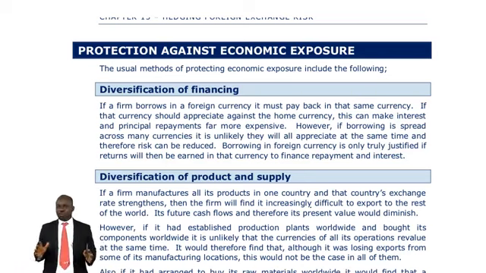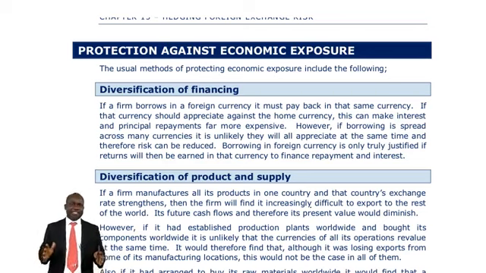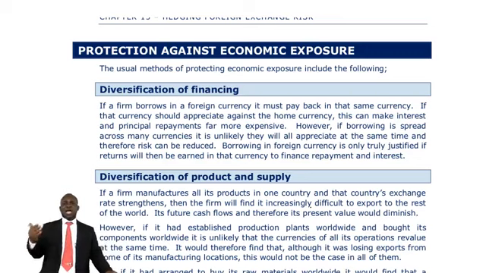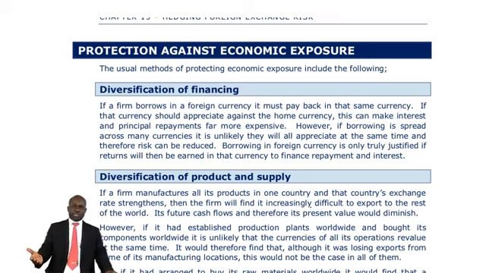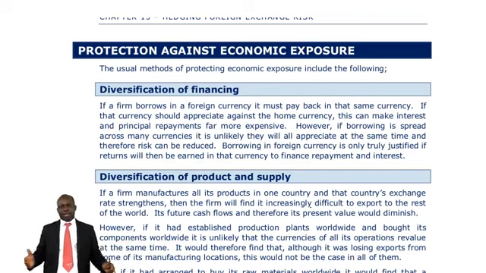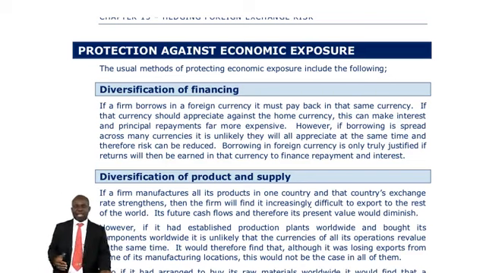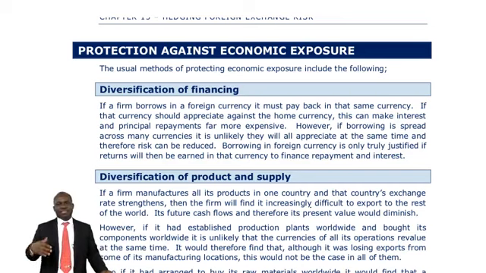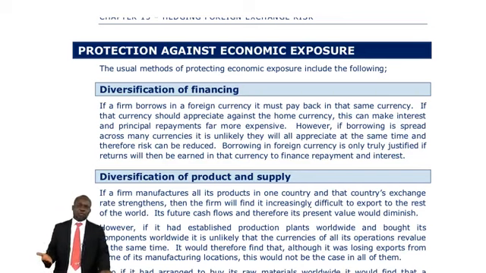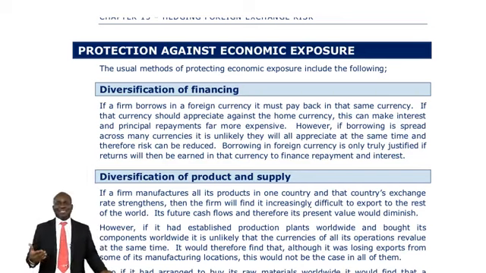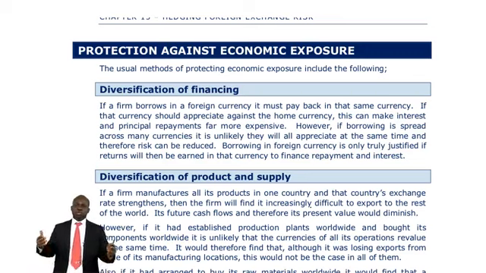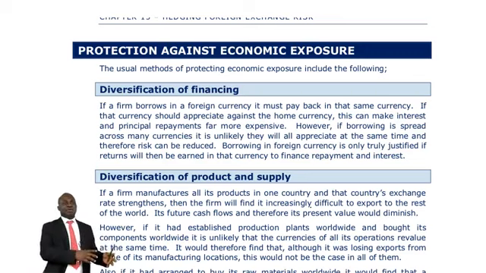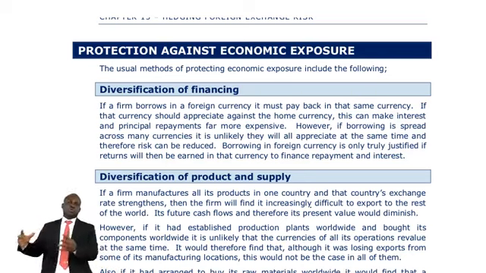The magic word you have to remember here is diversification. We all said that diversification has got the effect of reducing risk. So economic exposure being a long-term phenomenon, we would have to diversify. That is the reason why you might see most of these car manufacturing companies, they don't produce and sell in the same country, so that a gain in one currency will be used to reduce the loss in another currency.